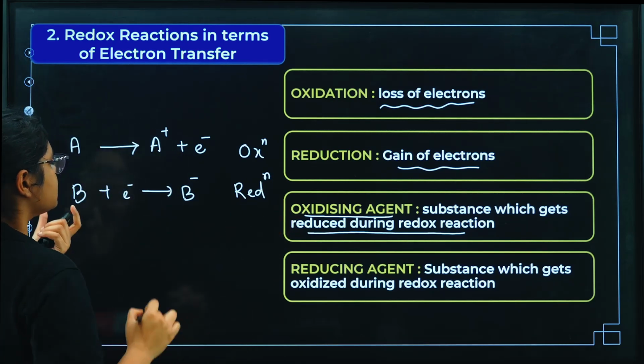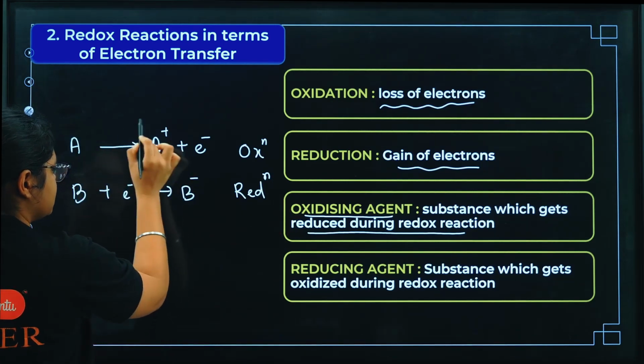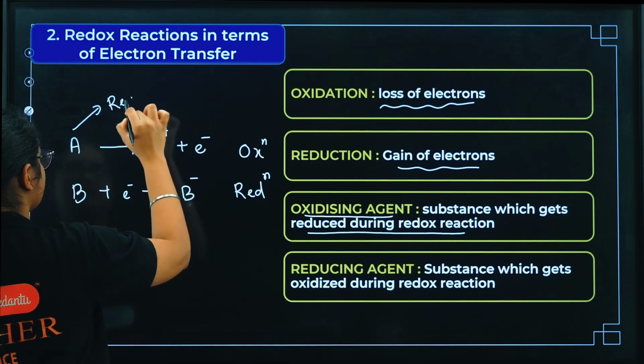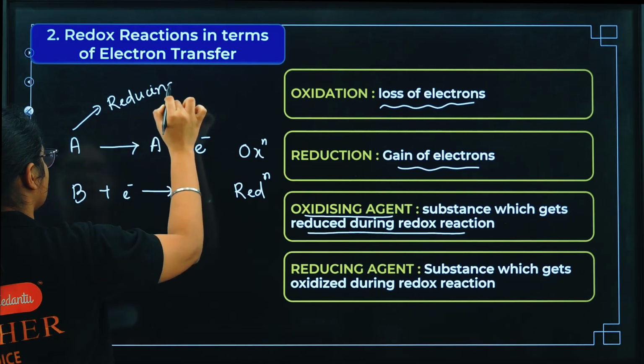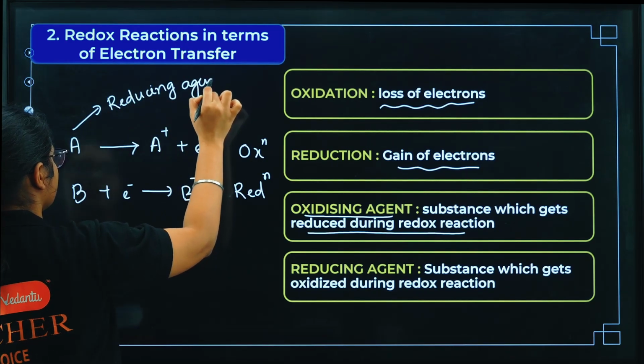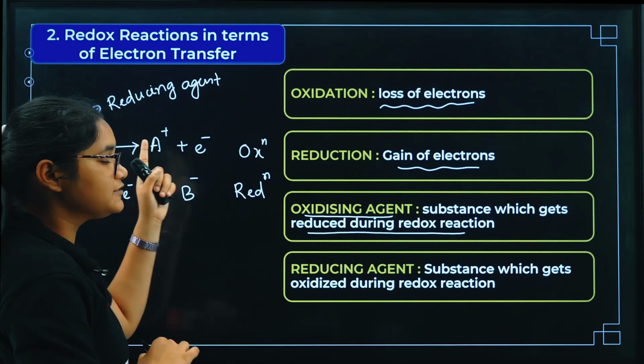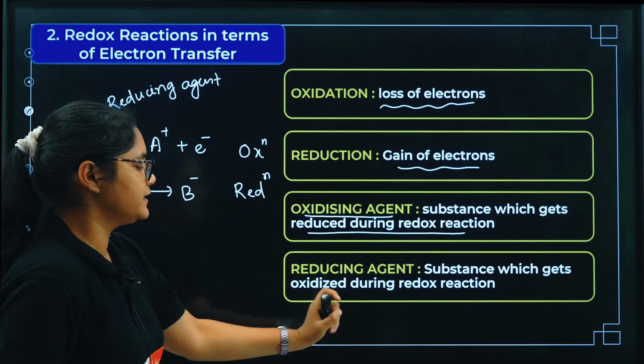The substance which gets oxidized is called a reducing agent. This is very important, you should remember it.